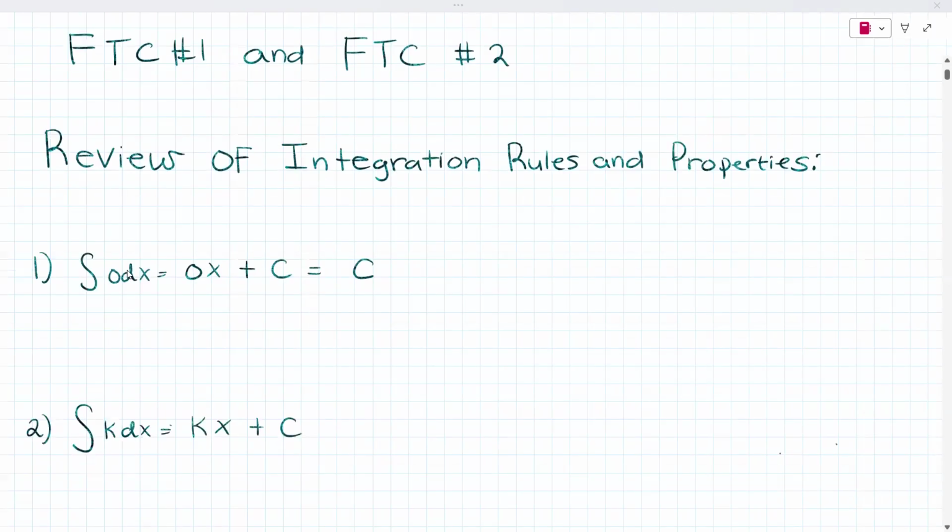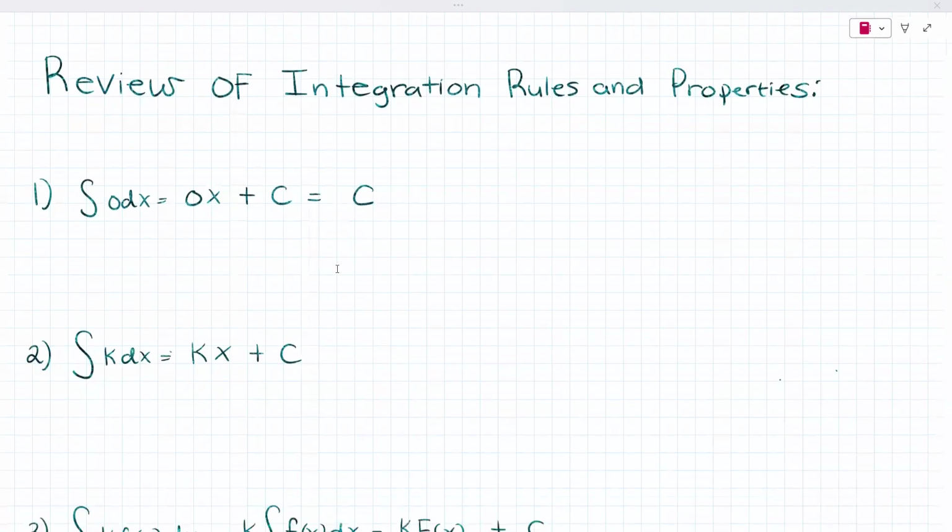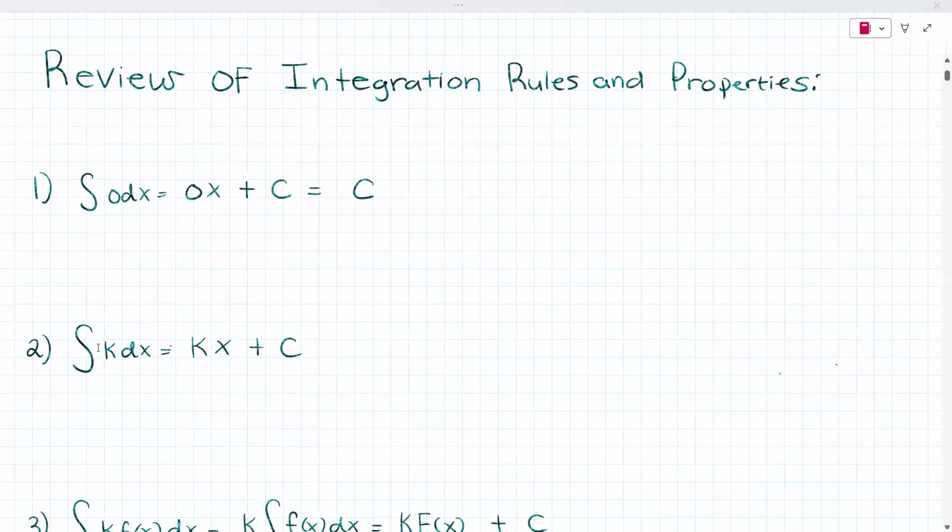So the integration of 0 is just 0x plus c, or just c. The integration of k dx, the k you can take out if you want, because that is a constant, and then you have the integration of 1 dx. You add the letter you're taking the integration in respect of.